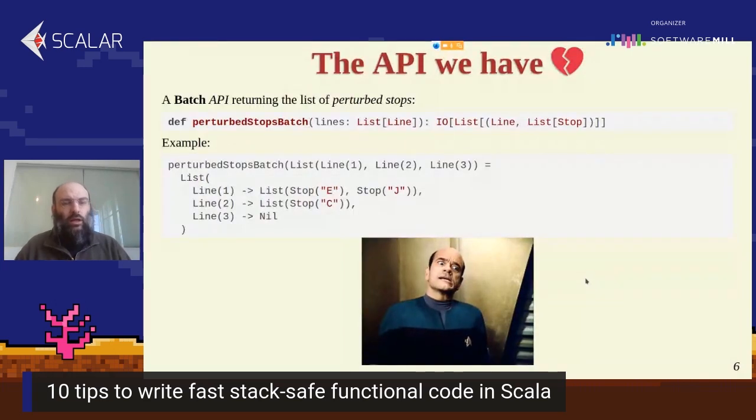For example, if I ask the API for the situation on lines 1, 2, and 3, the API can return: for line 1, there is a problem in stop E and in stop J. On line 2, there is a problem in stop C, and there is no problem on line 3. So you see there is a mismatch between what we want and what we have.